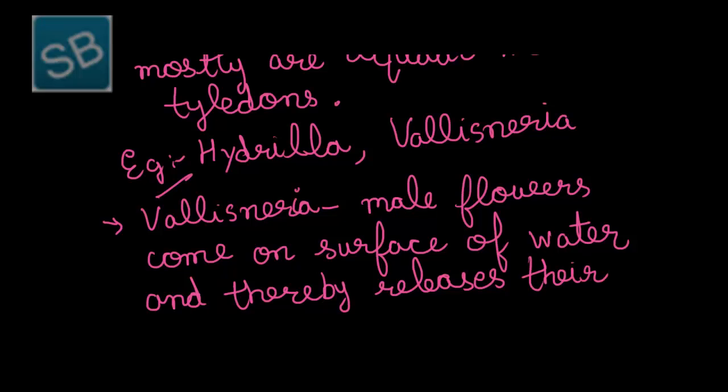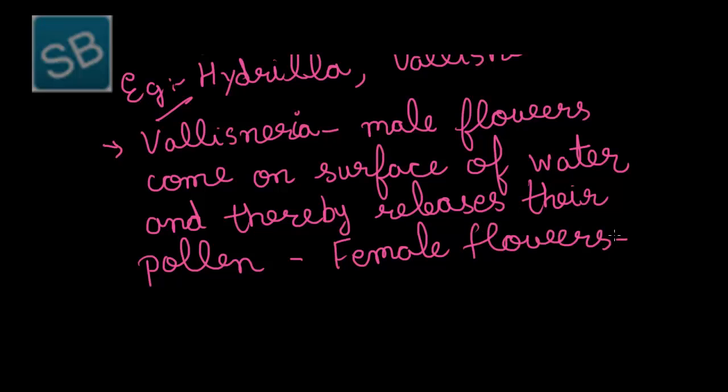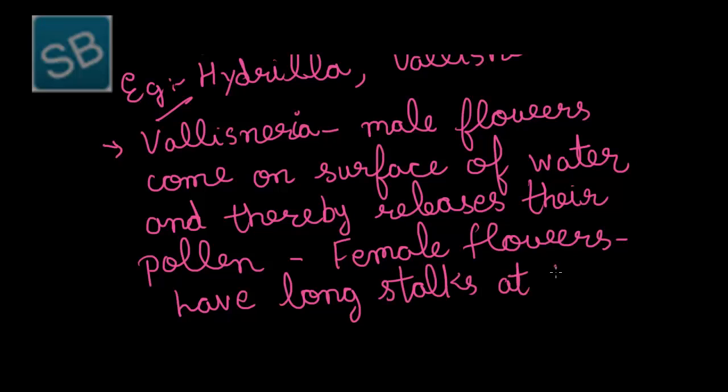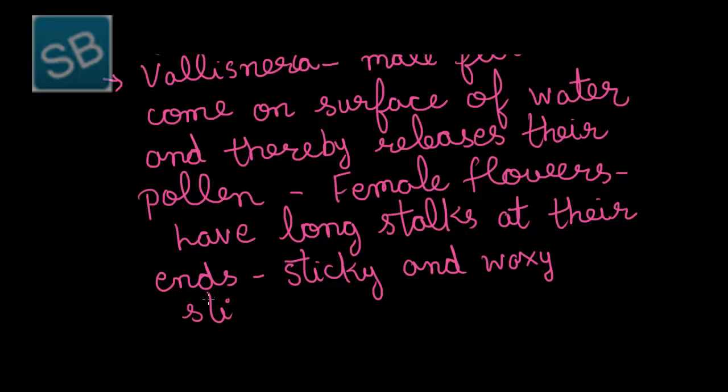Then the female flower possesses a stalk-like structure, that is, they have a long stalk-like region at their ends, which possesses a sticky and waxy stigma, which helps in the attachment of pollen to it.